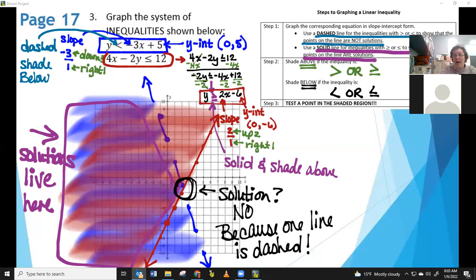If both lines were solid, then it would be a solution. If one of the lines is dashed, then where they cross is not a solution. They have to both be solid for it to be a solution on an inequality where they cross.